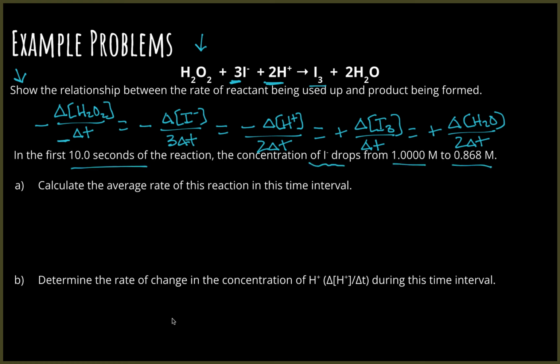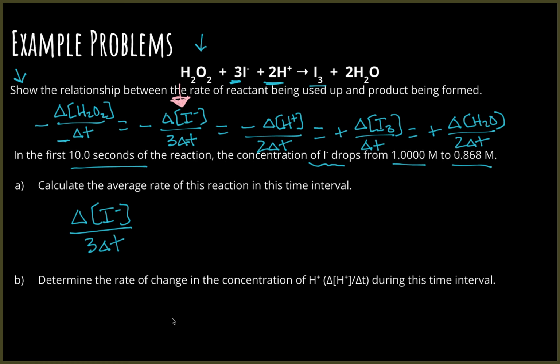Okay, so for this one, to calculate this rate, since we have the relationship for I minus, this is the change in concentration of I minus over 3 delta T. That's the relationship.